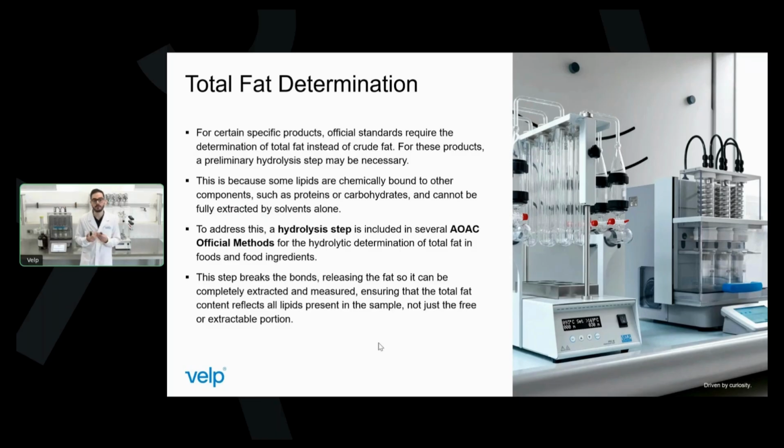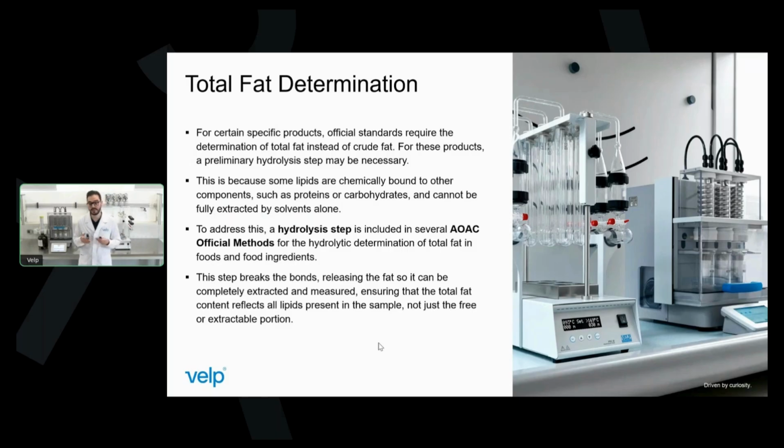With this unit, we can perform the hydrolysis, and then we can move further into the extractor to perform the total fat determination. This is because some lipids are chemically bonded to other components, such as proteins and carbohydrates, and cannot be fully extracted and determined with the direct extraction. So we need a preliminary step in which we can break this bond, and then we can extract into our unit.